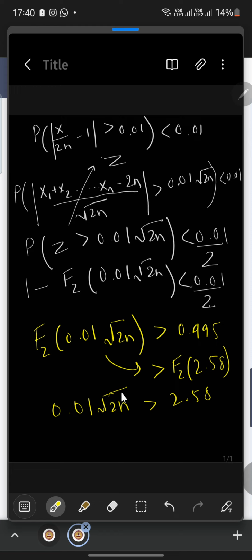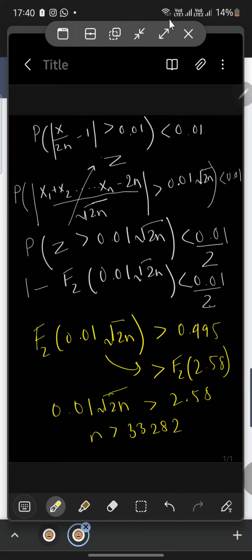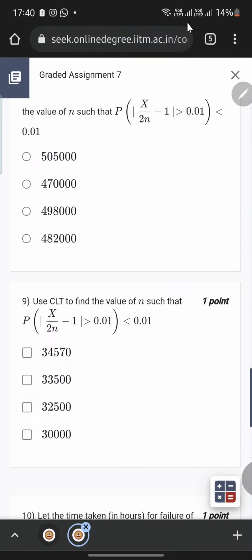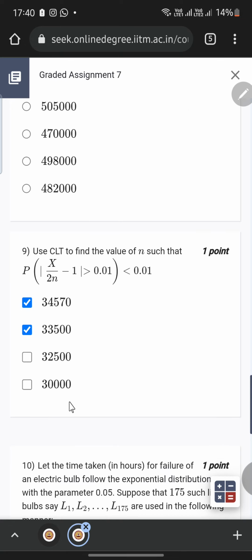From this, n will be greater than 33282. So all the values greater than 33,282 will be our answer. So here, these two options suffice, so these will be our answers, right?